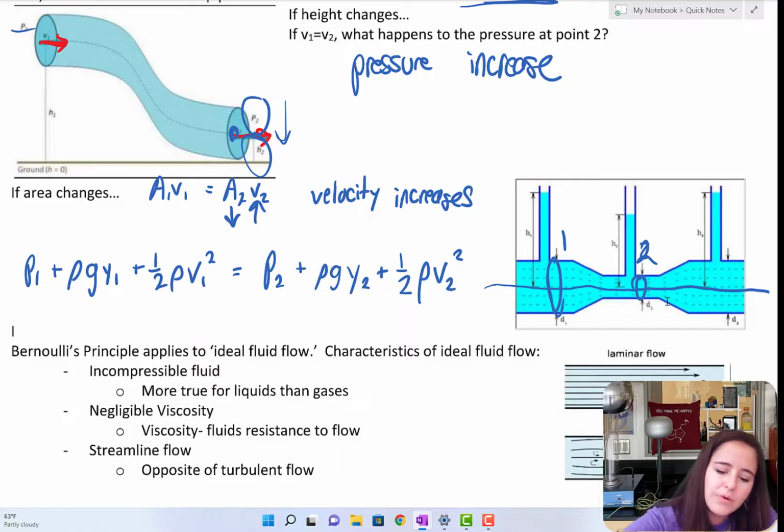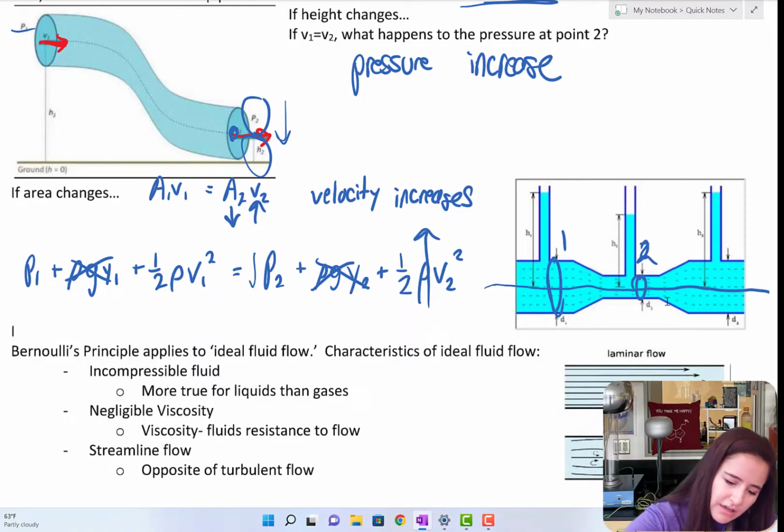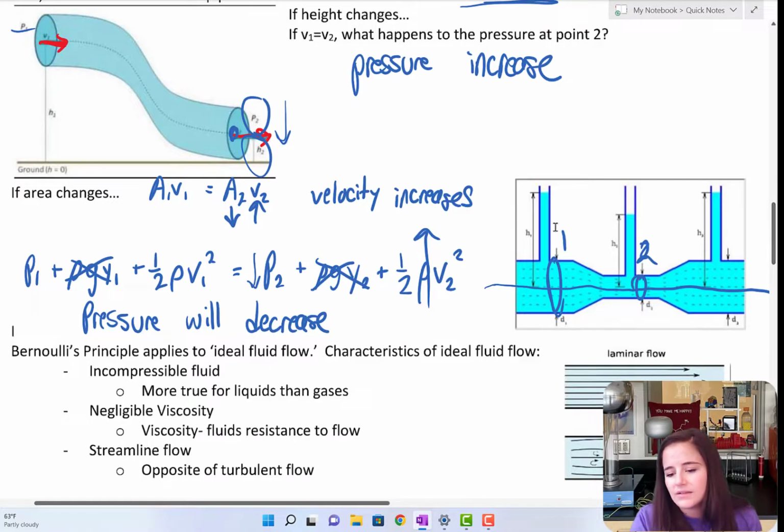And so looking at Bernoulli, these two terms would cancel out because they would be the same. And then we're saying that the velocity is increasing. So this term is going to increase. What's that going to do with the pressure? It's going to decrease. The pressure will decrease. And that's what you see in this picture, how that water level isn't rising as much, because the pressure is less in that area of the pipe.